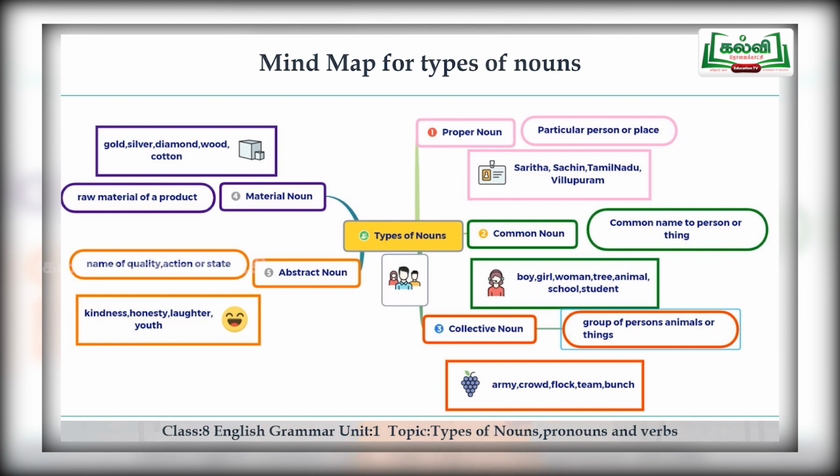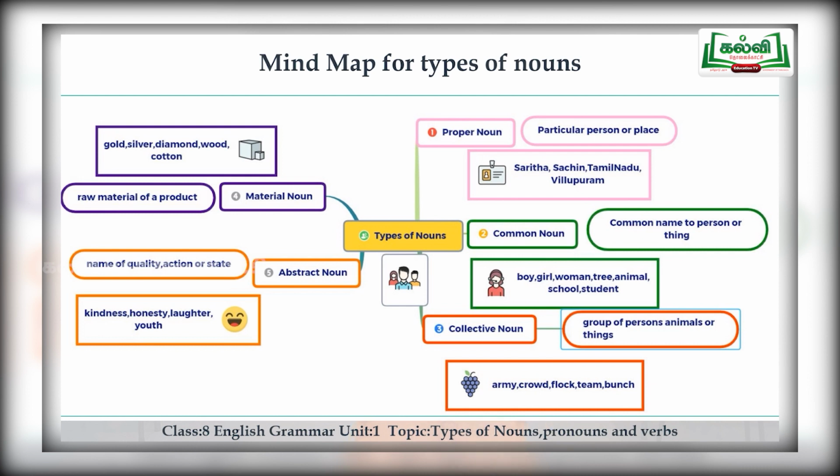We can see examples like boy, girl, woman, tree, animal, school and student. Collective nouns, which are given for a group of persons, animals or things. I can say some examples like army, crowd, flock, team, etc. And the fourth one is material noun.